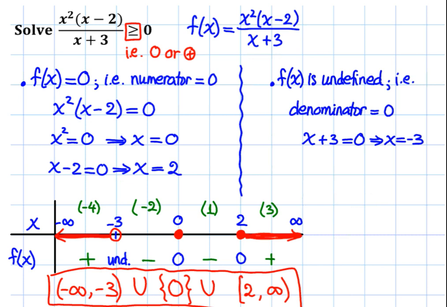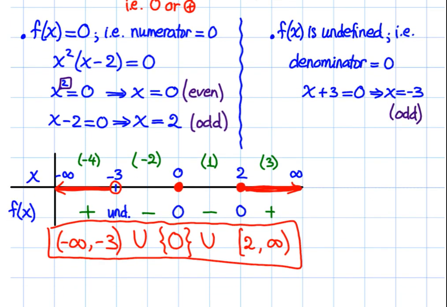Now go back to our problem. In our problem, x equals 0 is an even multiplicity because of the 2 here. x equals 2 is an odd multiplicity, and x equals negative 3 is also an odd multiplicity. And we'll just take a look at the sign chart.